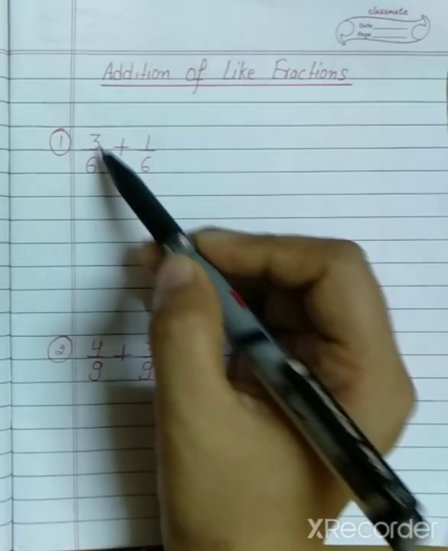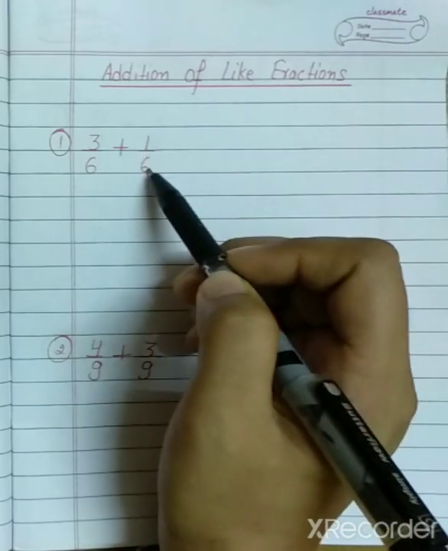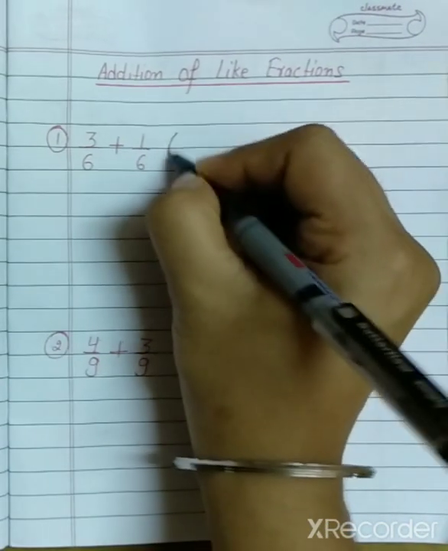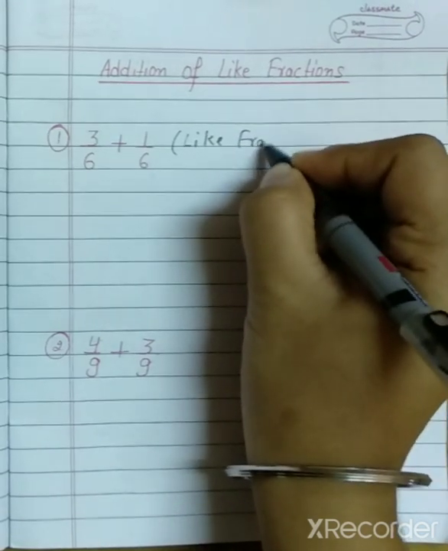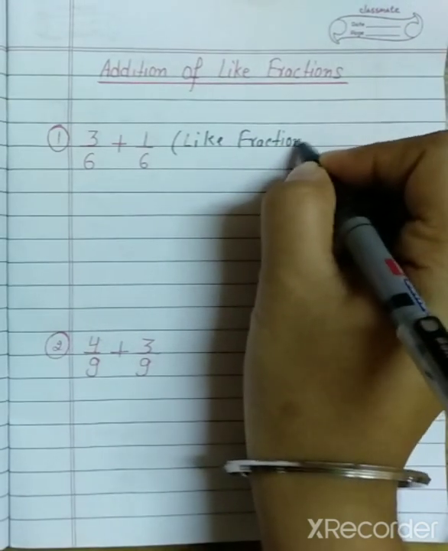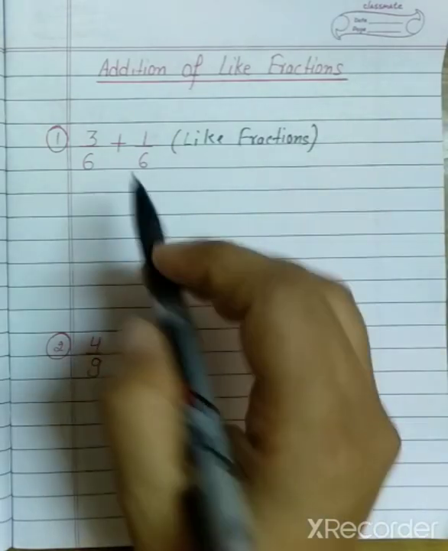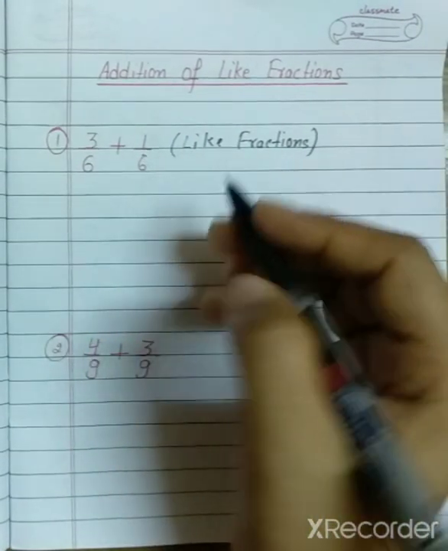First one is 3 by 6 plus 1 by 6. These fractions are like fractions. So, to add these fractions, what will we do?